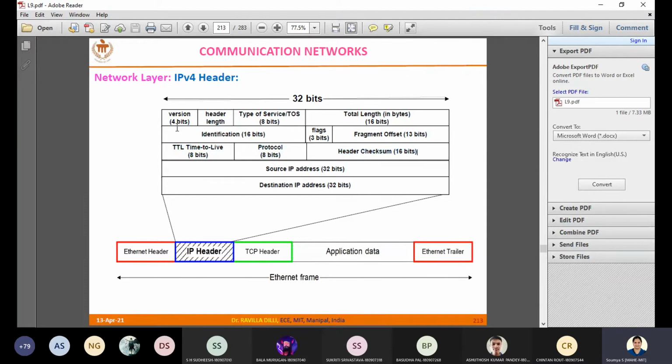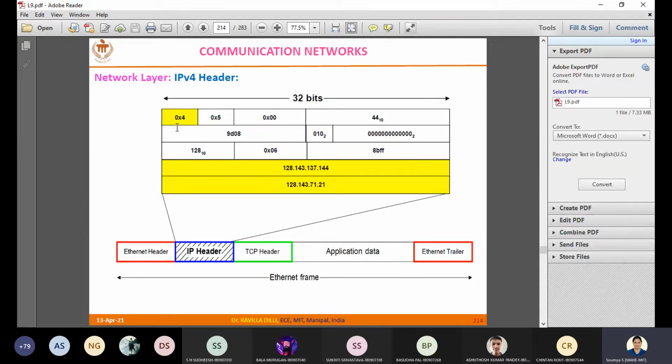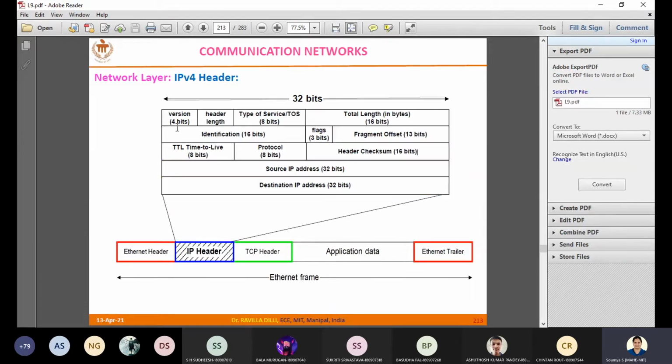So the first field here is, also you have to remember how many bits each field is. Now here the version is 4 bits. Type of service is 8 bits. And total length, that is the total length of the packet in bytes, will be 16 bits in length.